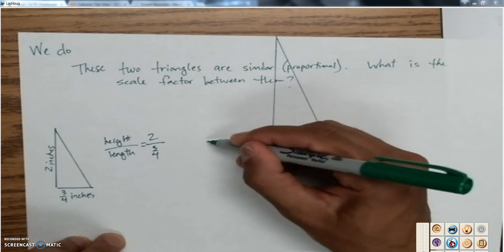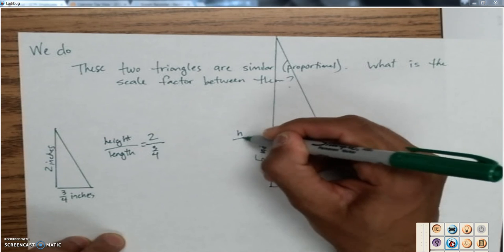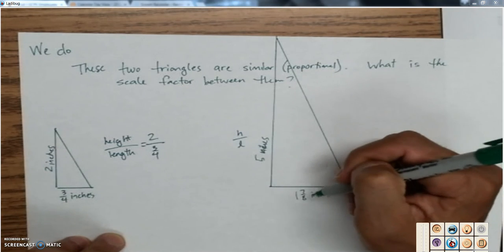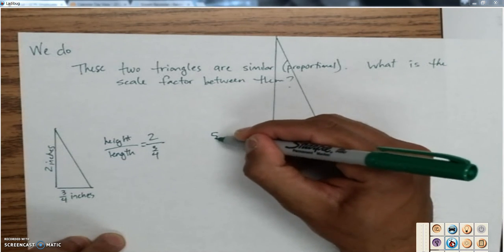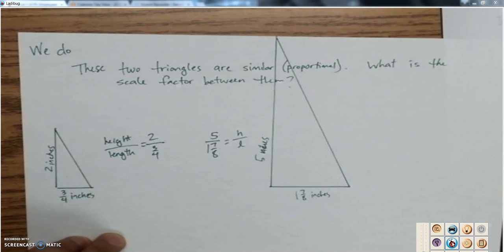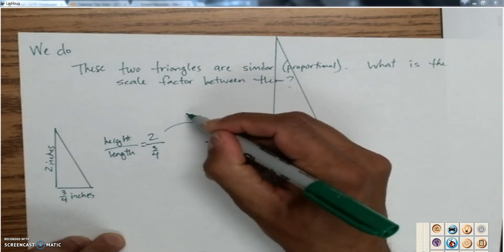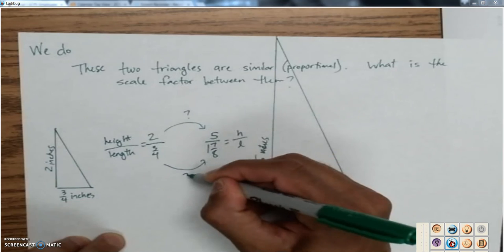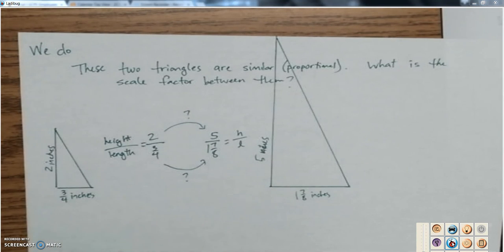This one, I have a ratio of height to length of 5 to 1 7/8. So I just need to know what was that scale factor I used in order to go from one to the other.